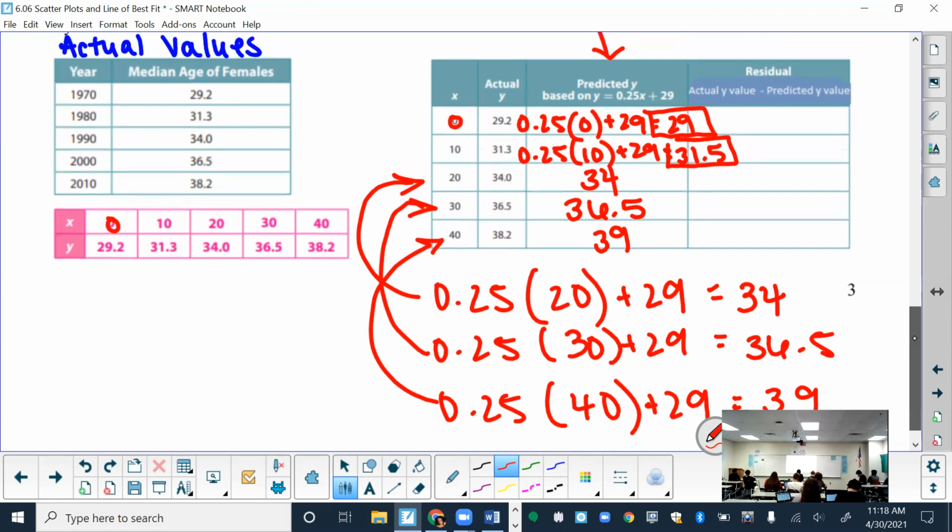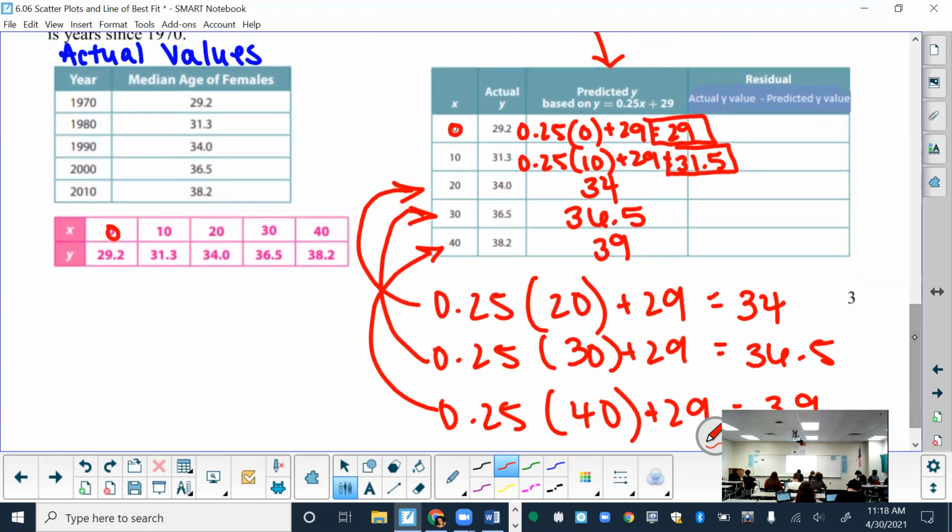If I was making flashcards, I would make that a flashcard. The residual is what I get from subtracting the actual value minus the predicted value. I put the formula up here for you. I'm not sure if I'll provide it on the test. I don't think I will. Because it's actual minus predicted.